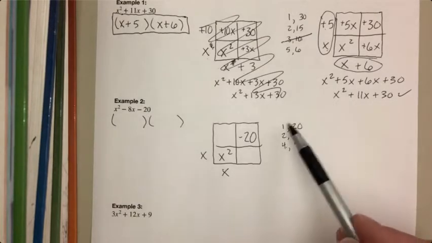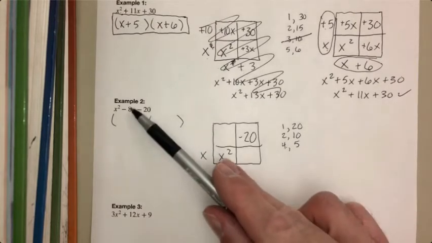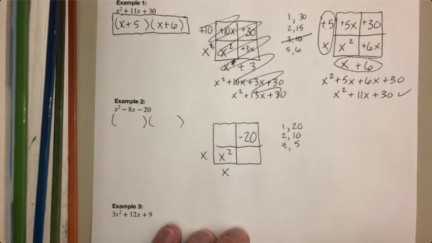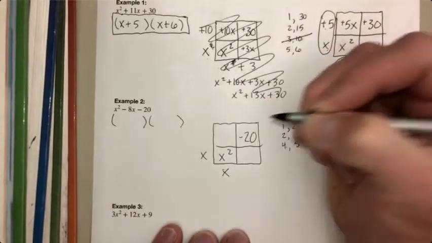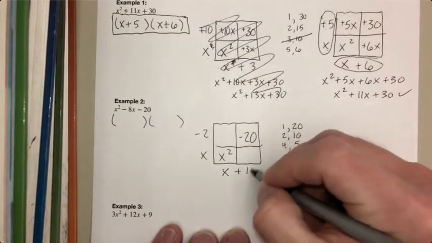The only ones I see, and this is how I think about it, that might get me 8x are 2 and 10. So I'm going to try a minus 2 and an x plus 10.